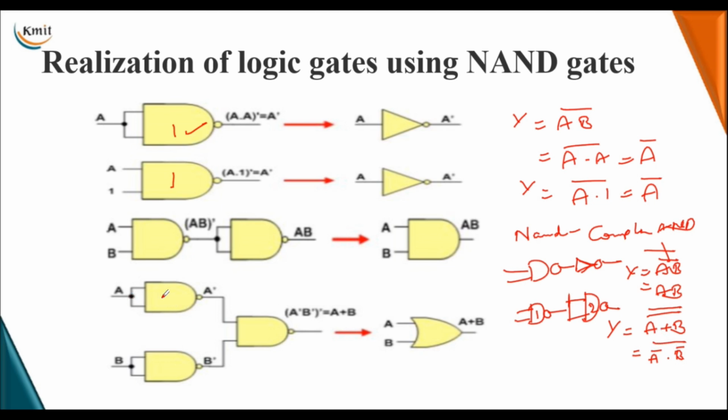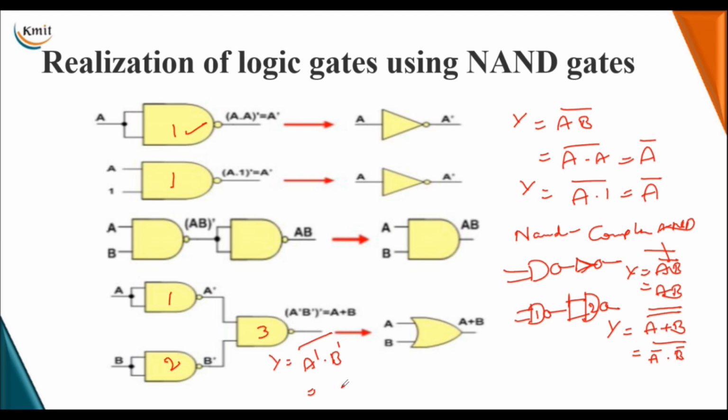To complement the two inputs, I use two NAND gates. The first NAND gate complements the A input, the second NAND gate complements the B input, and these complemented inputs are given to a third NAND gate, whose output gives the functionality of OR. A bar is the first input, B bar is the second input, and the whole complement is the output of the third NAND gate.